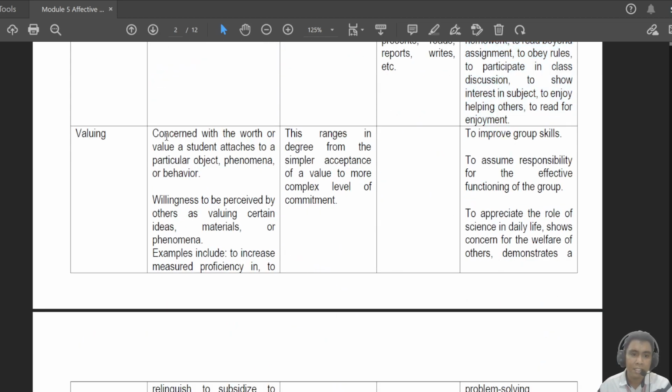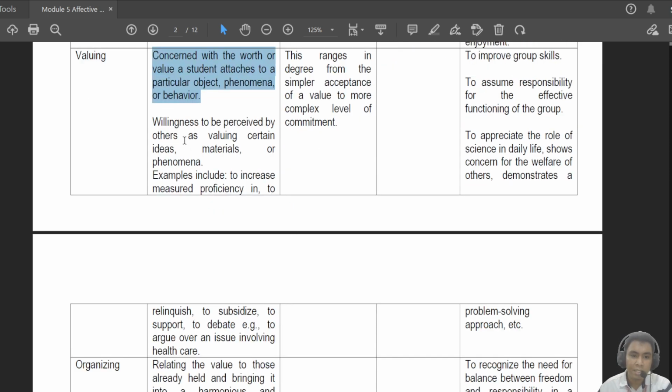The next level is valuing. This is when a student attaches a worth or value to a phenomenon, object, or behavior. Let's add the other one. It says here: willingness to be perceived by others as valuing certain ideas, materials, or phenomena.